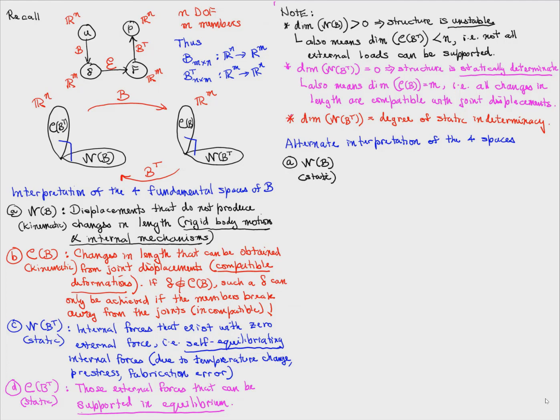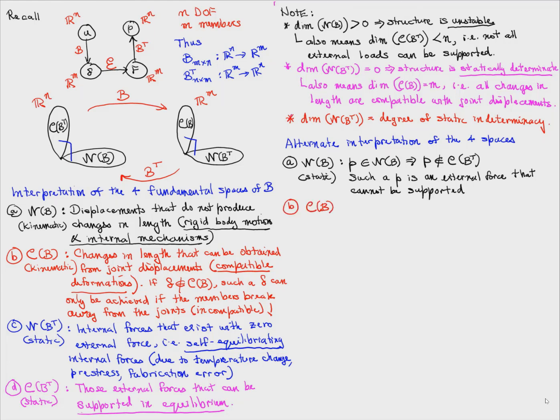If a certain external force vector P is in the null space of B, that means P is not in the column space of B transposed. That means such a force cannot be supported by internal forces. So such a P is an external force that cannot be supported by the structure.